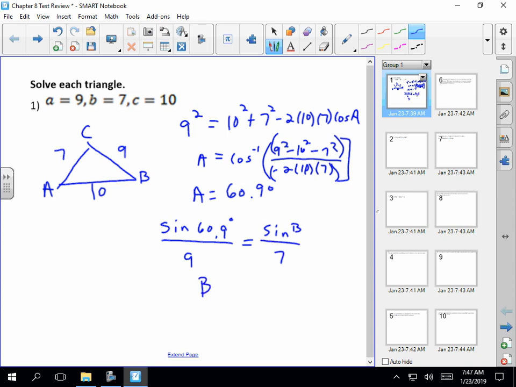Solving that for B will give us 42.8 degrees. Adding those two angles up and subtracting from 180 will give us C equals 76.3 degrees. So that's problem 1.